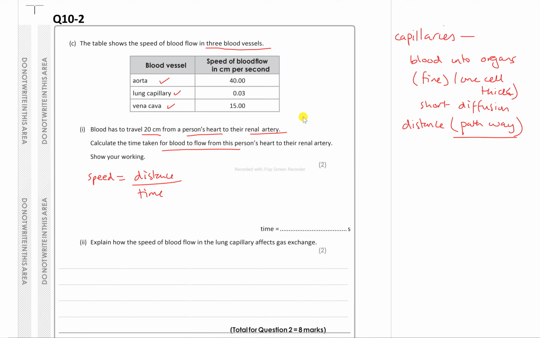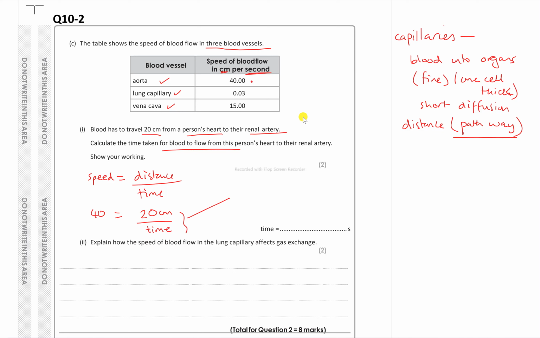So they said the speed to the renal artery is 40. And the distance is 20 centimeters. And remember, this is centimeters per second, not meter or kilometer. And we divide it by time.